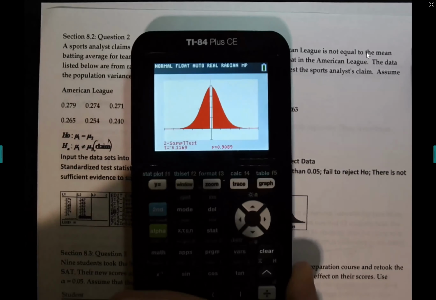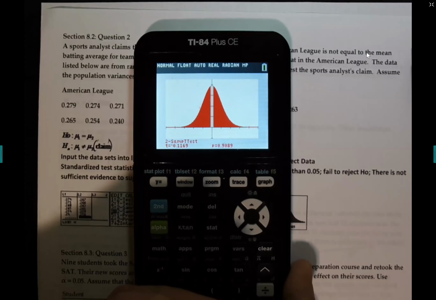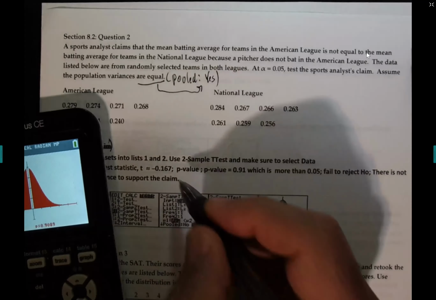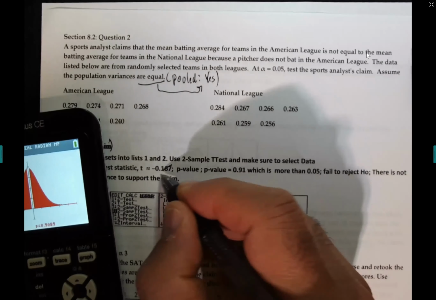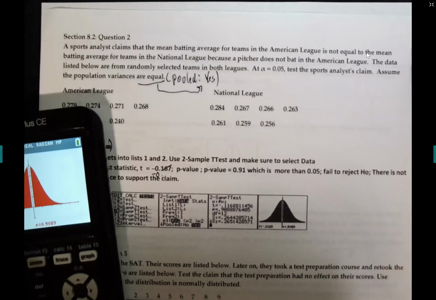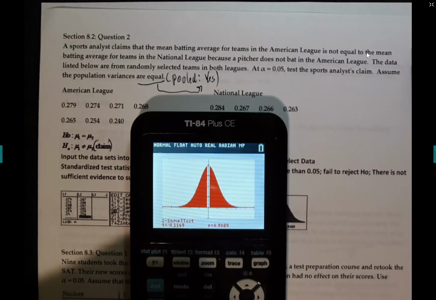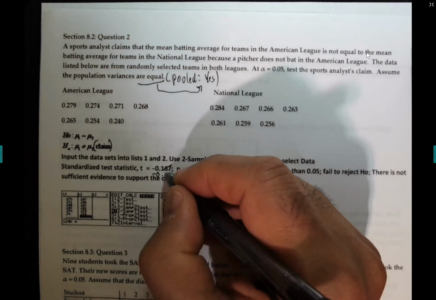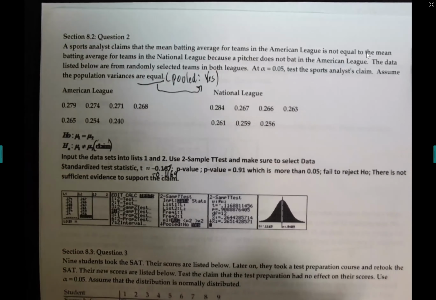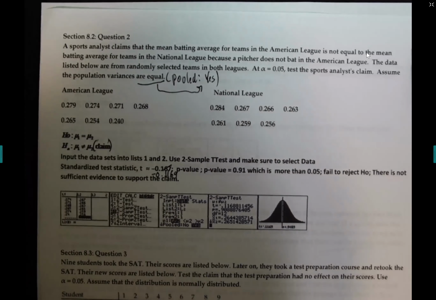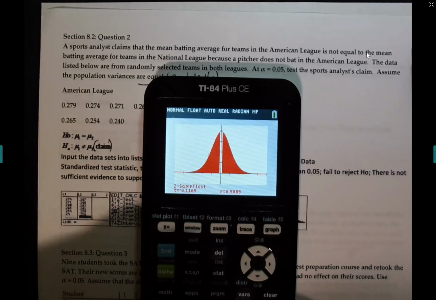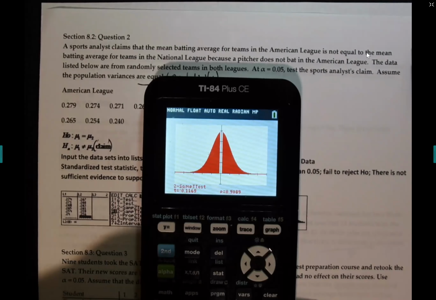T is negative 0.16. So probably this is not correct here. Negative 0.1169. I put 169. And then the p-value is 0.9089, guys, which is bigger than alpha.